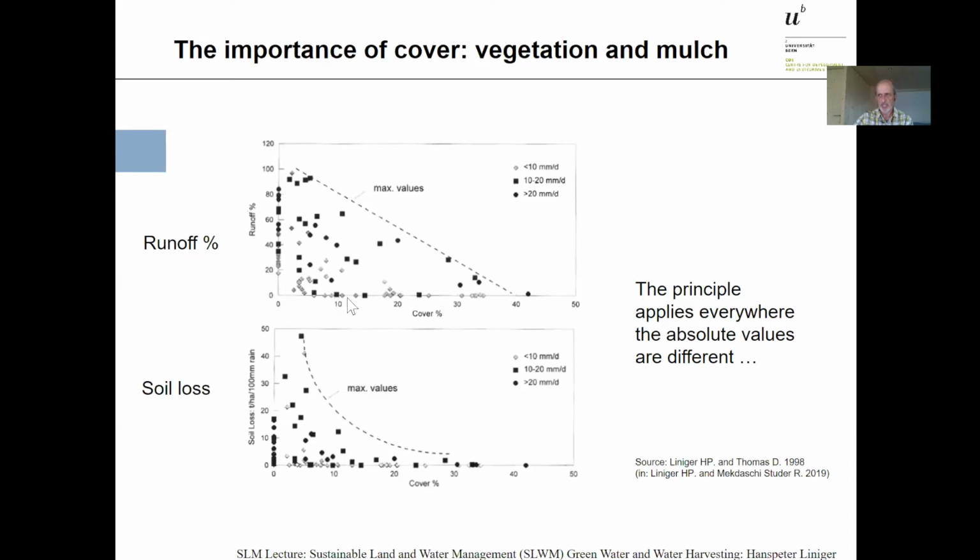So the moment you get into cover conditions, 10%, 20%, you've reduced it almost to half for the highest rainfall events. If you now look at the same experiments, cover 0 to 50%, soil losses, you see that the soil losses are concentrated on this side, below 10 to 12% cover.